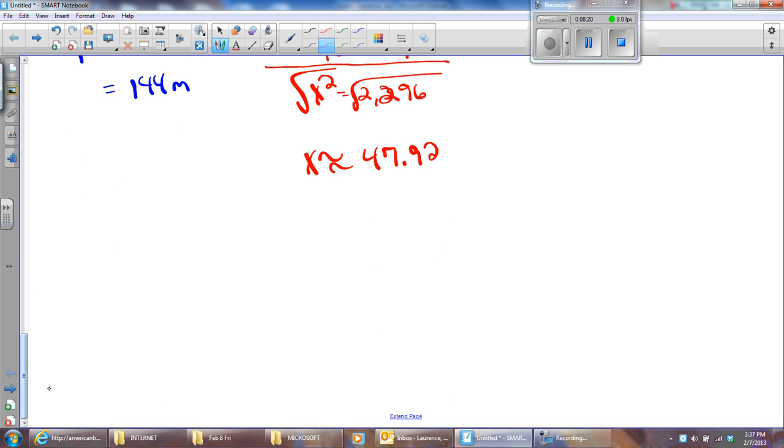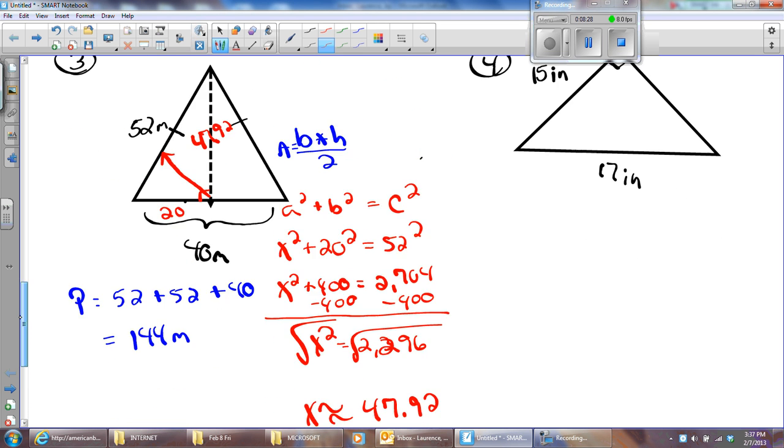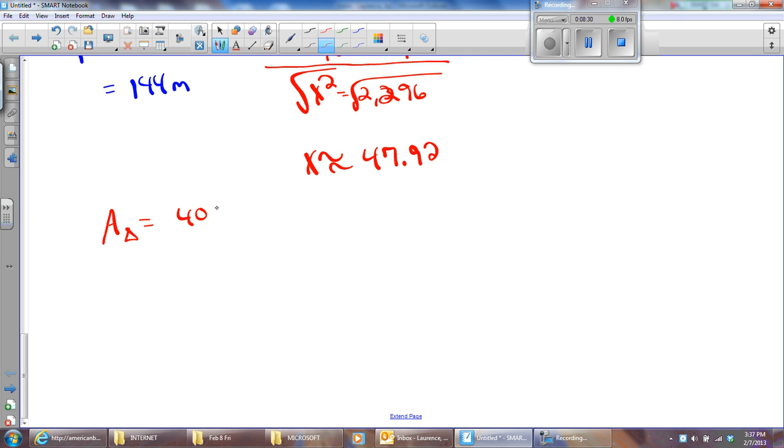And now I can do the base. Area of the triangle would be the base, which is what, 40? Yep, 40 times 47 and 92 hundredths.